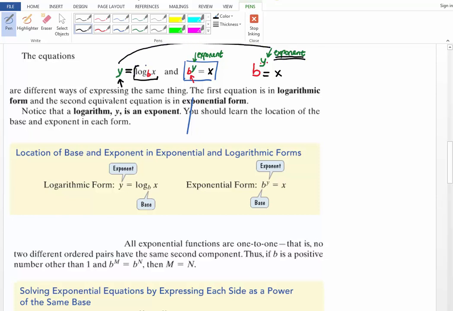So that helps us conclude that a log is an exponent. So let's remember that. When we write log base b of x, we're talking about it being equal to y, being an exponent. So a log is an exponent. That's a key thing we need to remember.